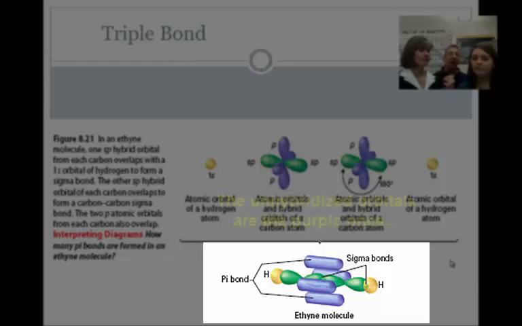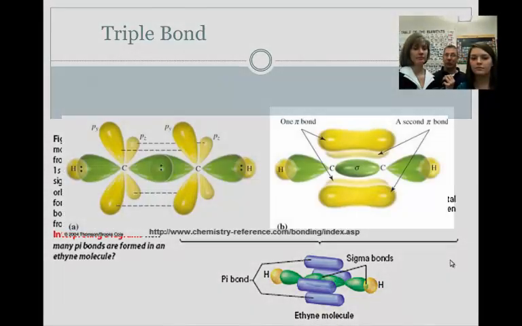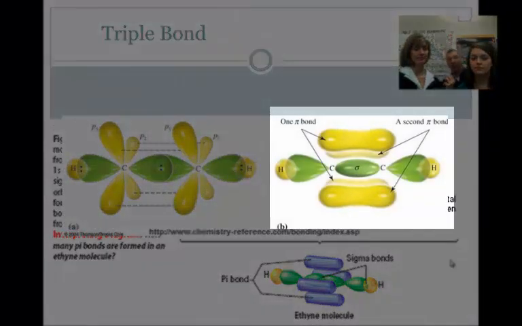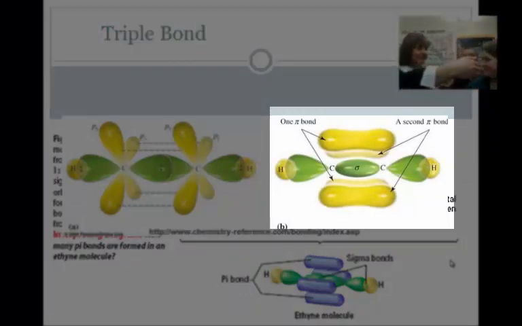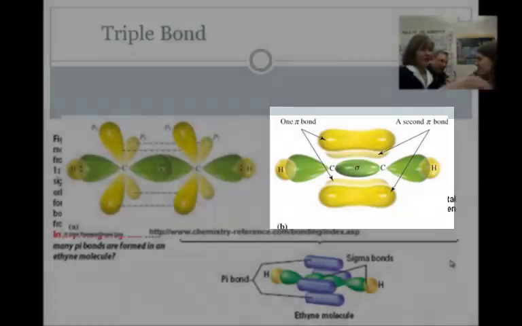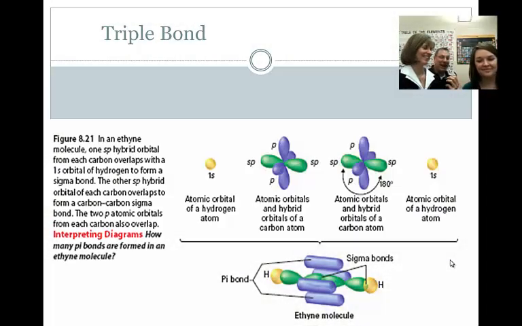So the unhybridized p orbitals, here in this picture they're purple, have to reach out and around that bond axis. So some of those p orbitals are actually reaching up and around to connect the nucleus, and the other ones are reaching across this way in front and in back. For someone who's spatially challenged, it's very hard to picture.